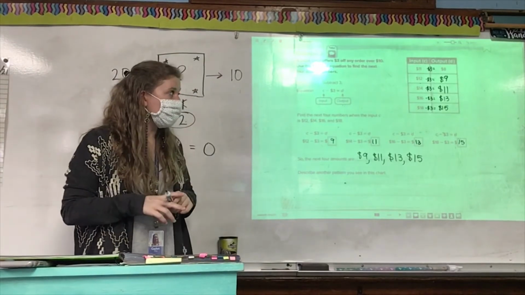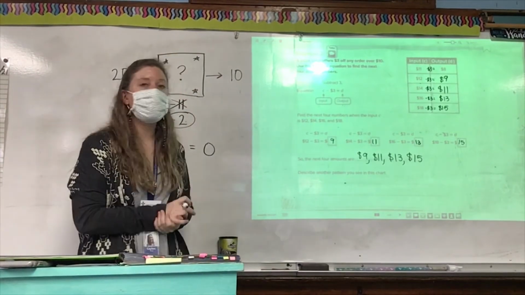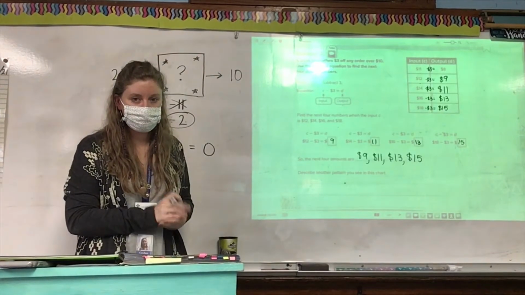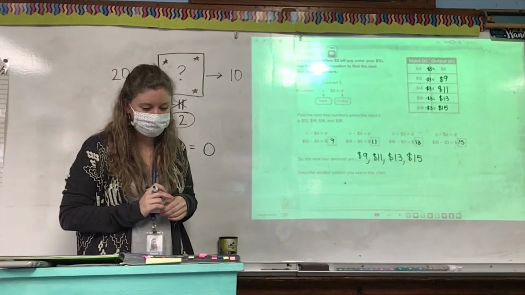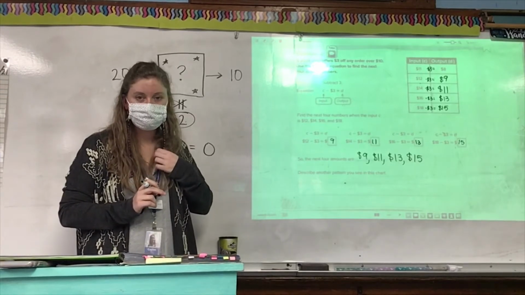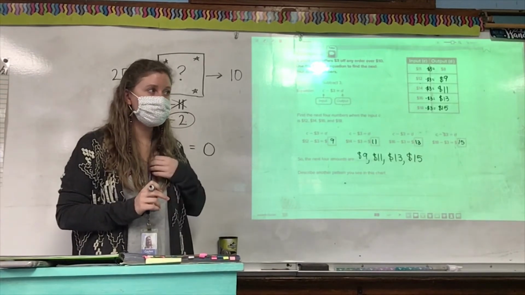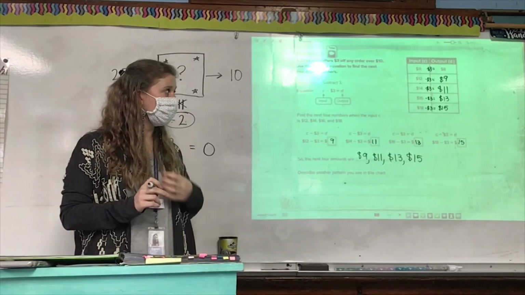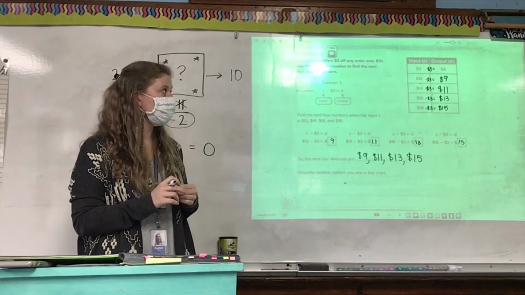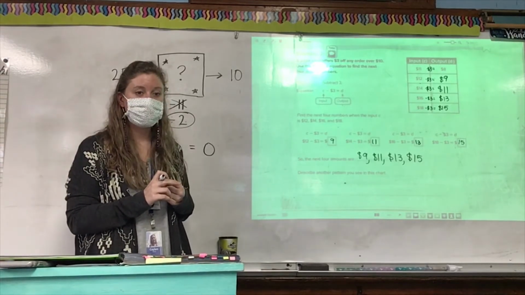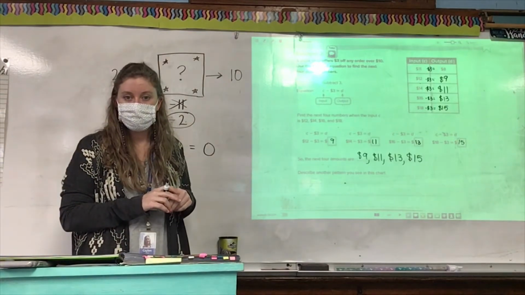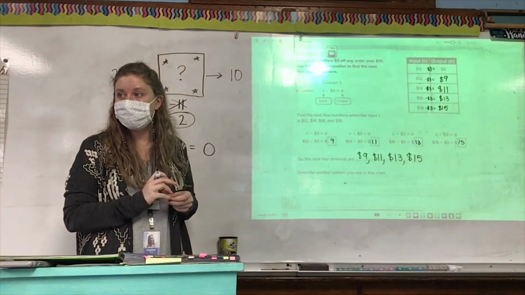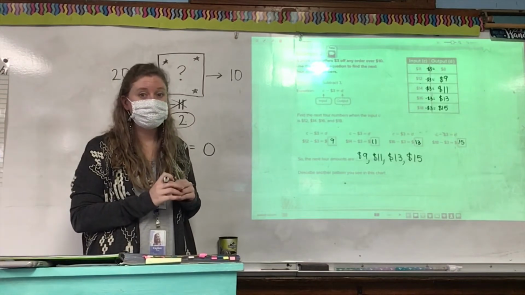So, raise your hand if you see another pattern in this chart. Come on, guys, think. There are lots of patterns. Everybody should have their hands up, except for Mason, who may not be able to see. Come on.